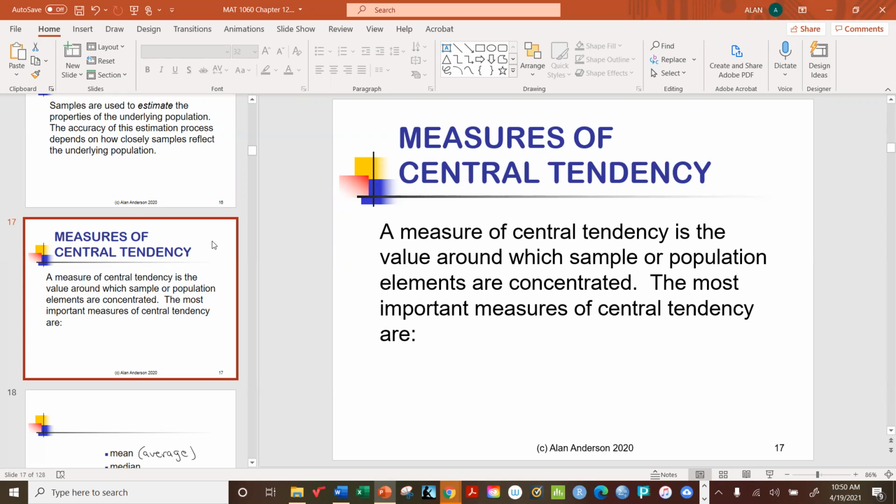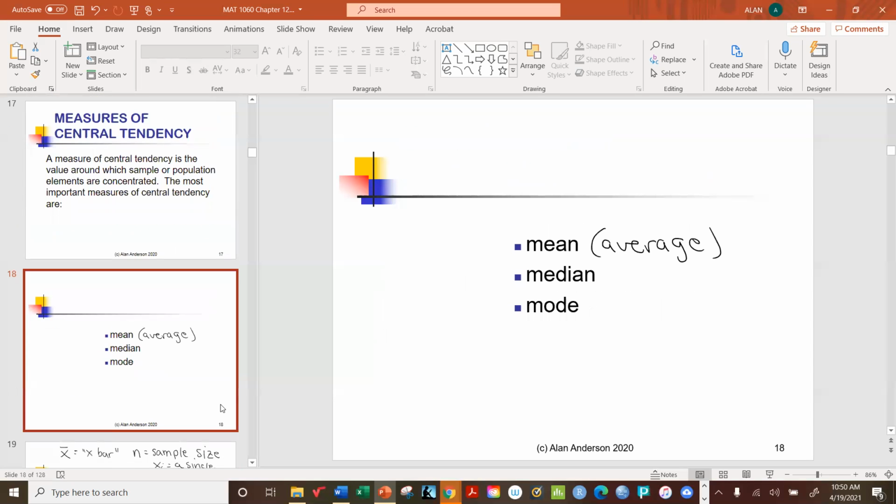Now, there are three of them that we want to consider today. And most likely you've heard of at least one of them. Maybe all three of them. So what are they? Well, let me show you the list. The first one, I've written in parentheses the alternative name for it. You can see that mean, median, and mode are the three measures of central tendency that we will be defining today.